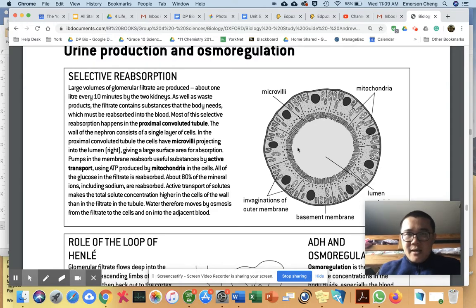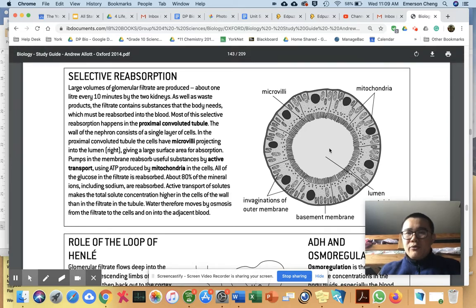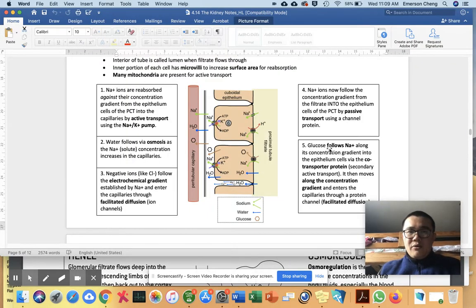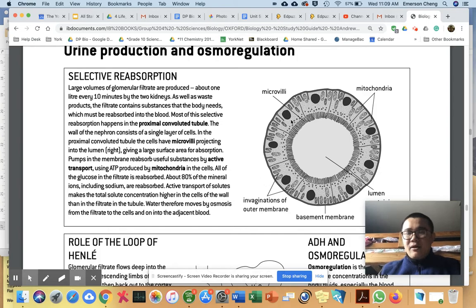In this case, you're using active transport to pump the solute. When we're talking about the solute, we're talking about sodium, sugar, amino acids, all these things. Those are pumped out by active transport. Because of that, in here there will be a higher solute concentration, a lot saltier, and this will be lower solute concentration.